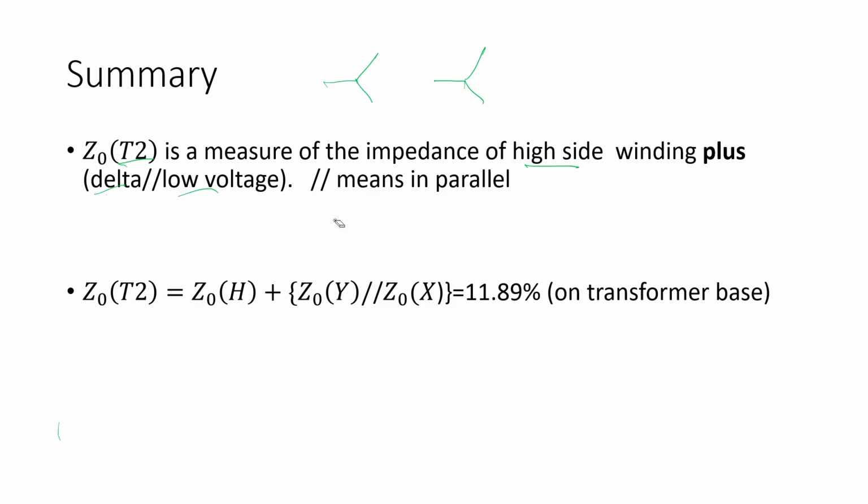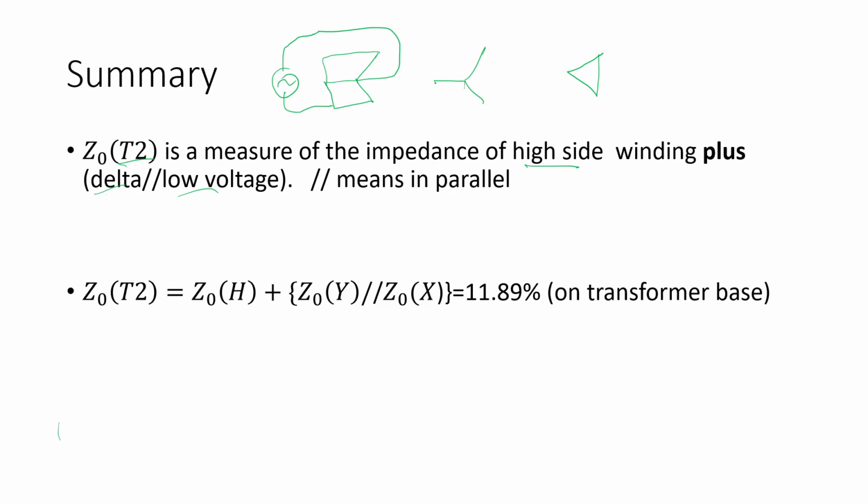Just erase the delta. Again, the high voltage is self-shorted. Then you apply single phase voltage.